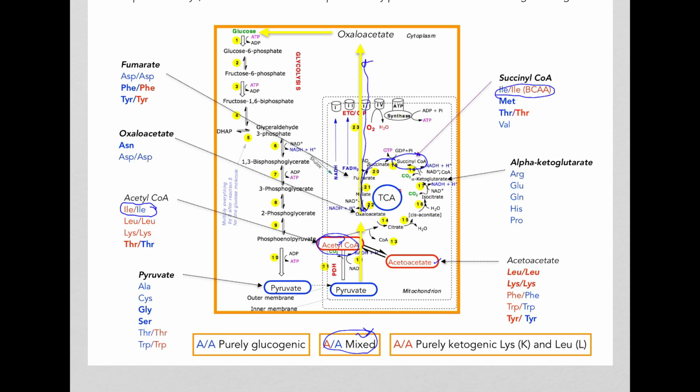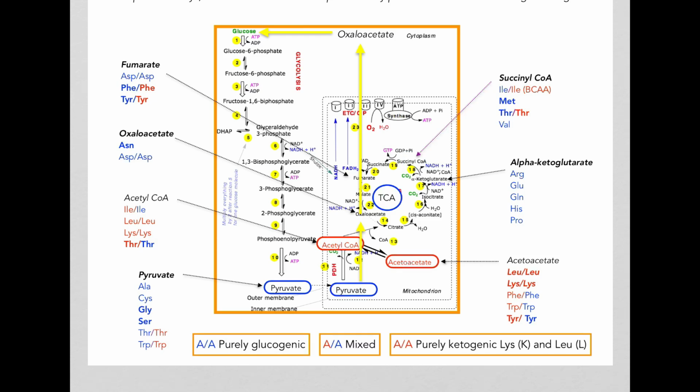So isoleucine is an example of a mixed amino acid. And then we have what we call purely glucogenic amino acids. So for example, valine. When we break down valine, we only get succinyl-CoA. We do not get acetyl-CoA or acetoacetate. So amino acids such as valine are called purely glucogenic amino acids.